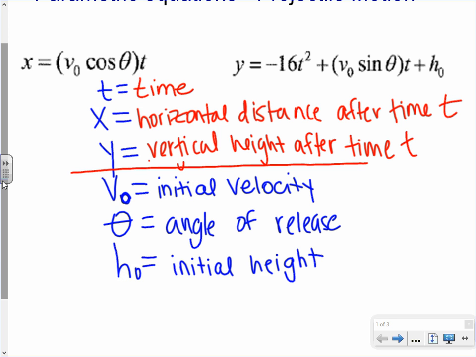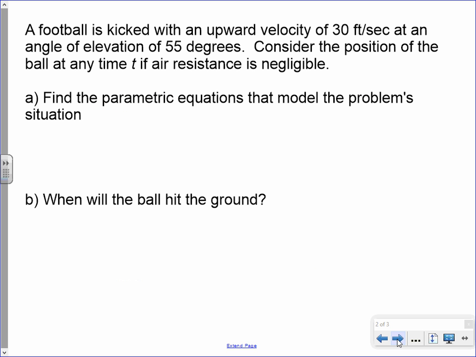I'm not even going to ask you to eliminate the parameter. It's really about you understanding what to do with which equation. As long as you understand that the x represents the horizontal distance after time t, and the y represents the vertical distance after time t, you're going to be able to answer any question. Okay? So, here we go.